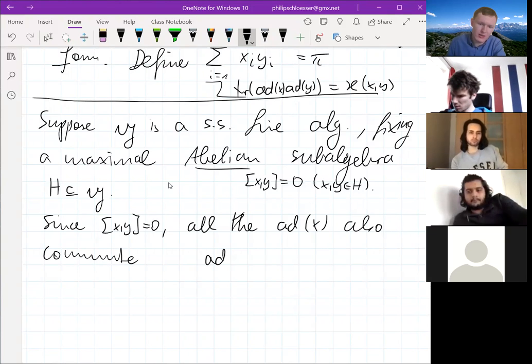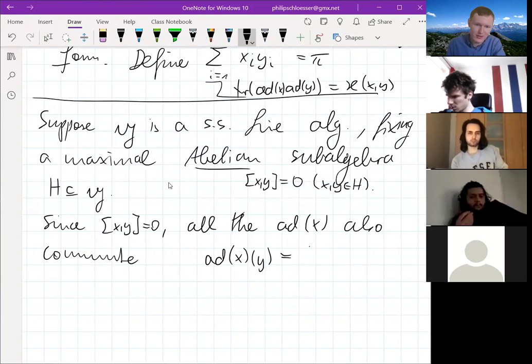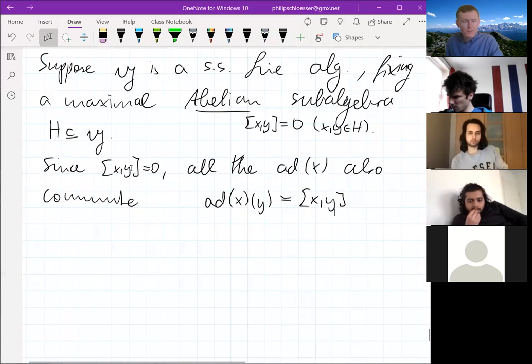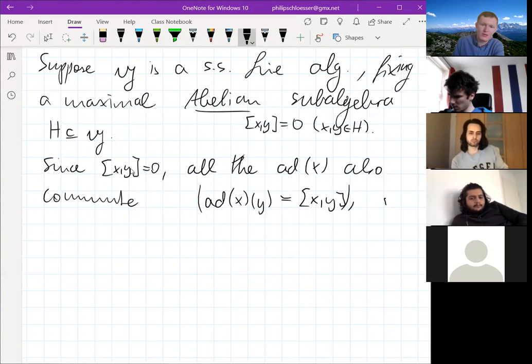The adjoint action is just, if I apply it to y, the Lie bracket of x and y. So in particular, they can all be diagonalized simultaneously.